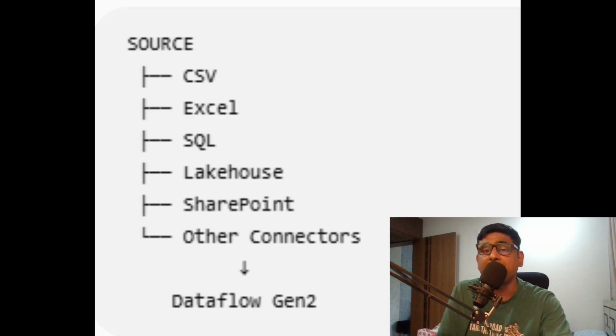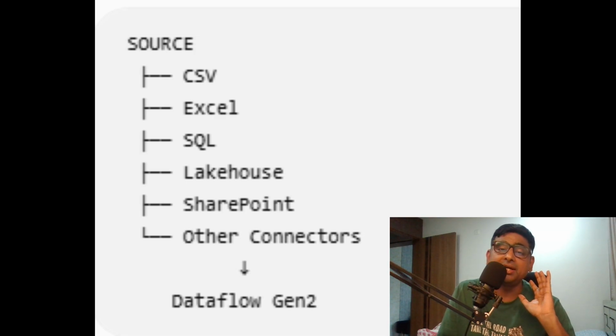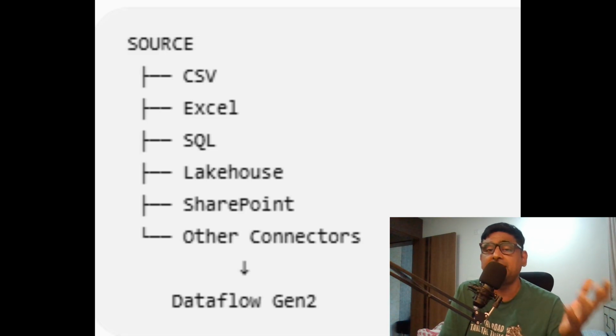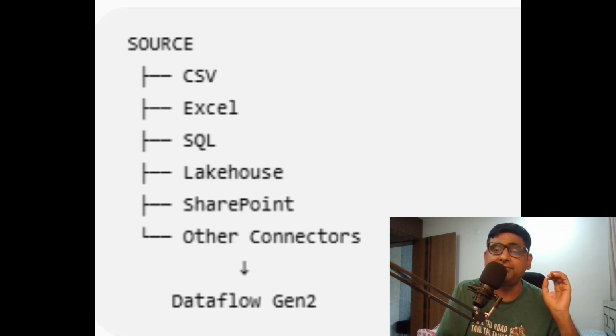Fabric Data Factory provides a range of connectors, and the Dataflow Gen2 experience lets you choose to get data from a range of data sources. It could be your CSV, Excel, SQL, Lakehouse, SharePoint. There are even hundreds of other connectors from where you can pull the data.